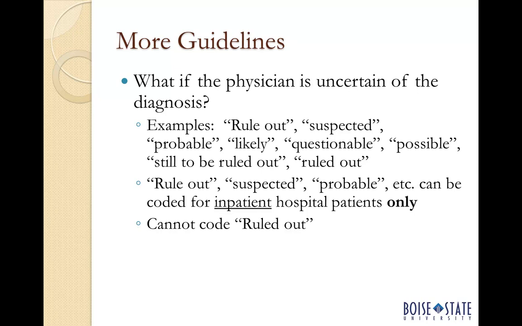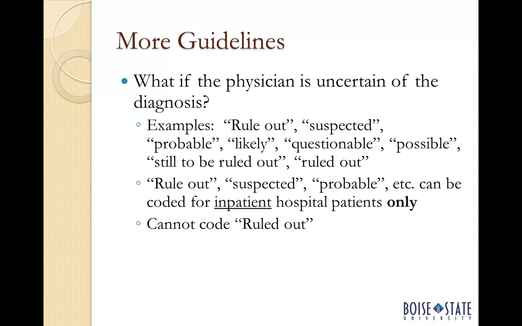Here's another inpatient only rule. What if the physician's uncertain? Sometimes they'll say rule out myocardial infarction, or probable pneumonia, or suspected infection. For inpatient only, we code as confirmed. So rule out myocardial infarction, we code an MI.